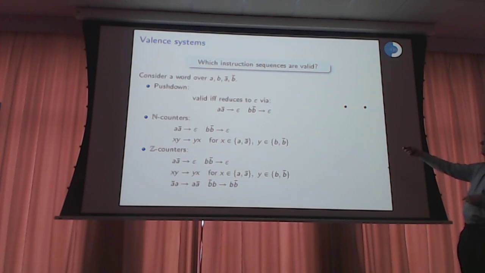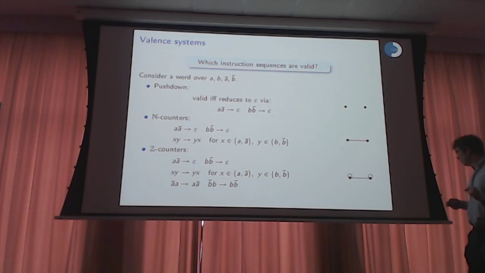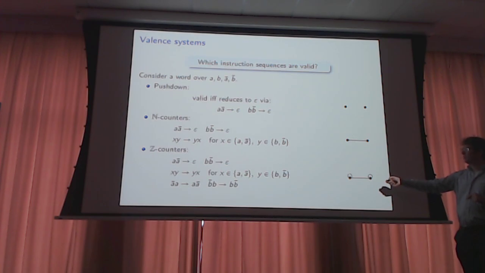So in this case, you can only invert with the own inverse in the right order. Let's say the left one corresponds to A, the right one corresponds to B, then we draw no edges. And here we're allowed to commute elements, so instructions from different counters, so we draw an edge between the counters. And here finally, we can even commute each instruction with its own inverse, and then we also add self loops.